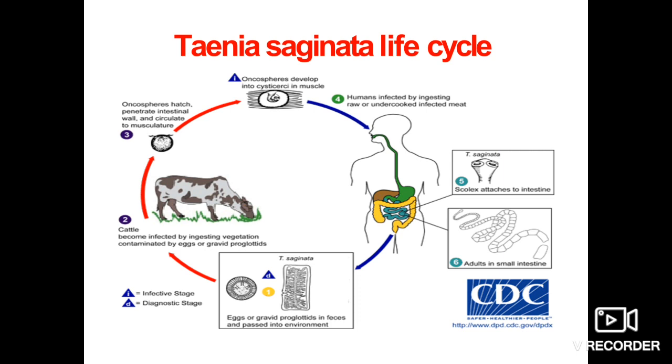The life cycle is almost similar in both cases. The main difference is the intermediate host. In the case of Taenia solium, that was the pig, and in the case of saginata, that is cattle. That's why it is called the beef tapeworm.